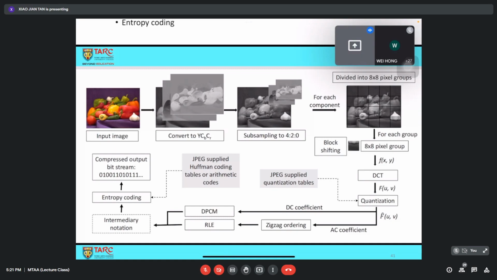When it comes to JPEG, you have to know why YCbCr, which should be around chapter 2 or 3, which is color image. And subsampling, which is in video processing, and DCT, which is from chapter 5, and the rest should be in this chapter. So it is not something just from this chapter.